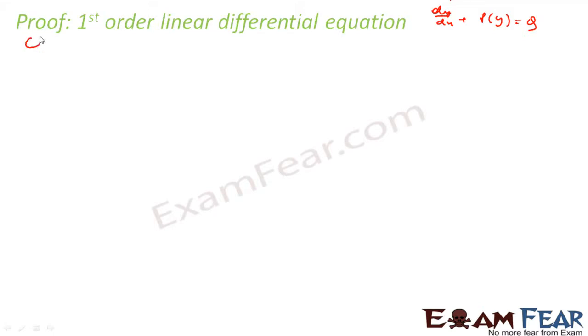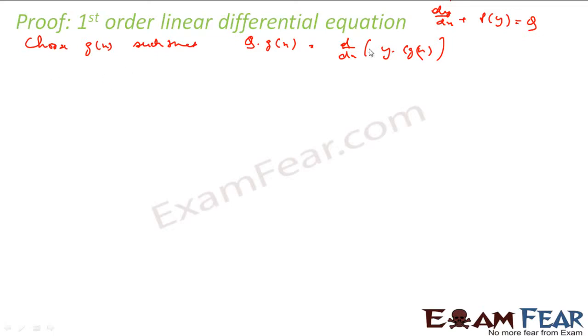So I'll write here, choose g(x) such that multiply Q with g(x), you get Q into g(x) has to be equal to derivative of y into g(x). Correct?